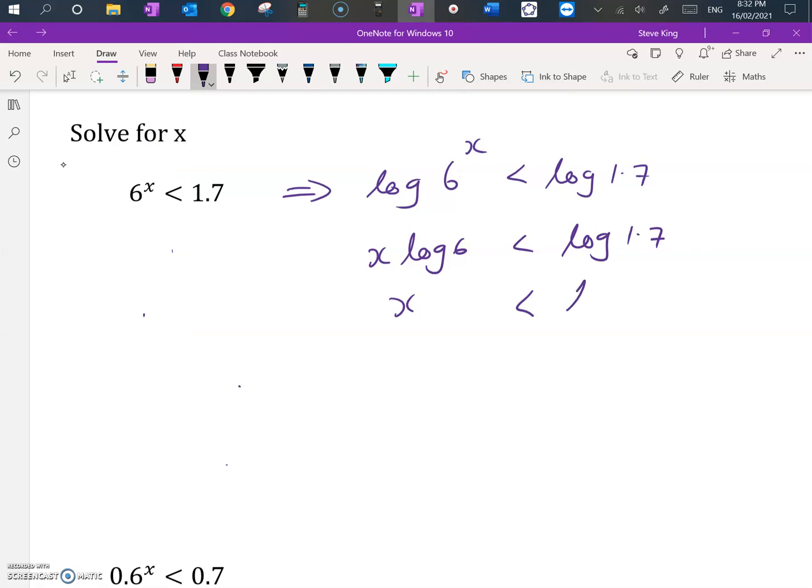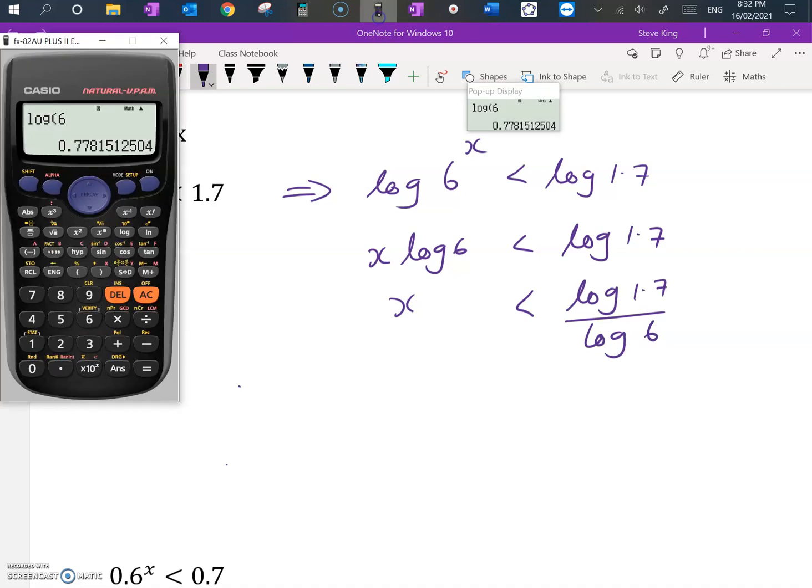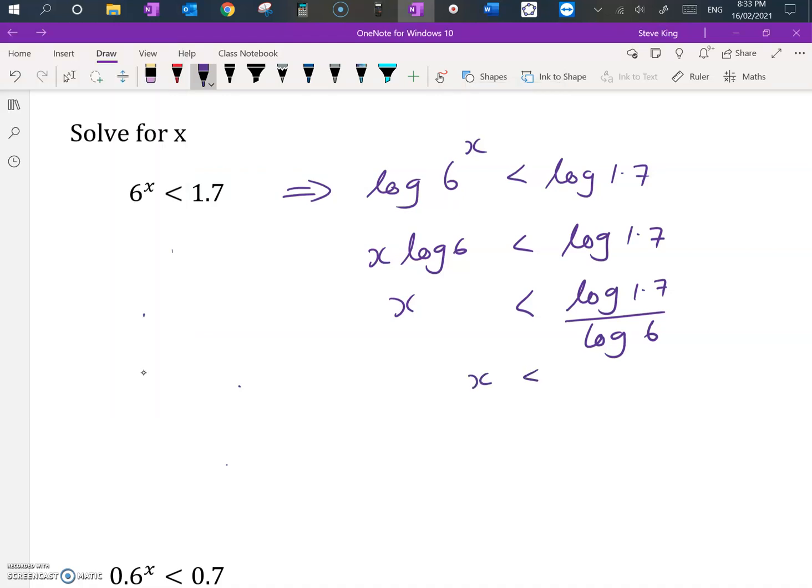I can divide both sides by the log of 6, and I'm not going to be breaking any mathematical laws. I'm going to have the log of 1.7, divided by the log of 6, and I come up with a number of 0.296. So x has to be less than 0.296, and that's to 3 significant figures.